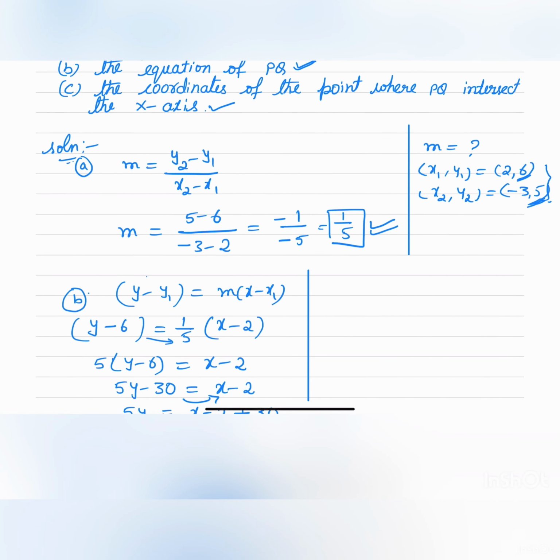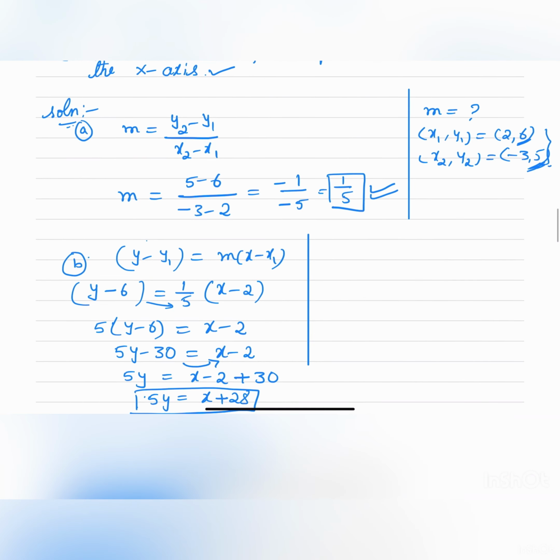Now we will find the coordinates of the point where PQ intersects the x-axis. PQ intersecting the x-axis means y will be equal to 0. On the x-axis, y is equal to 0. Then we have the equation 5y is equal to x plus 28.